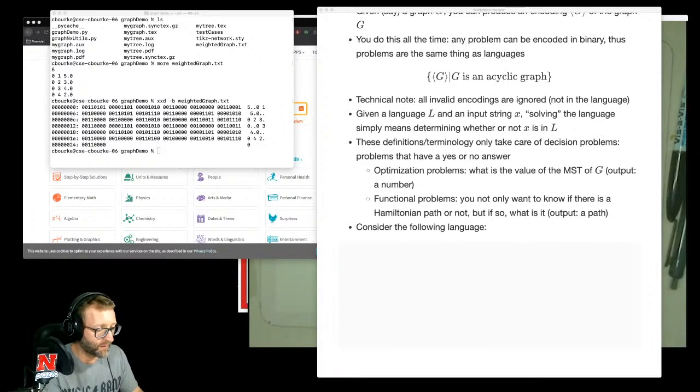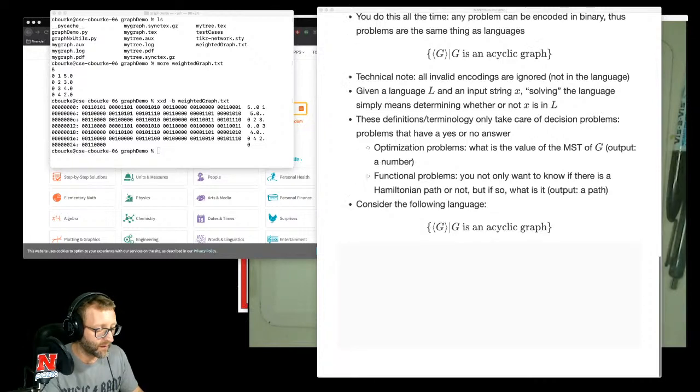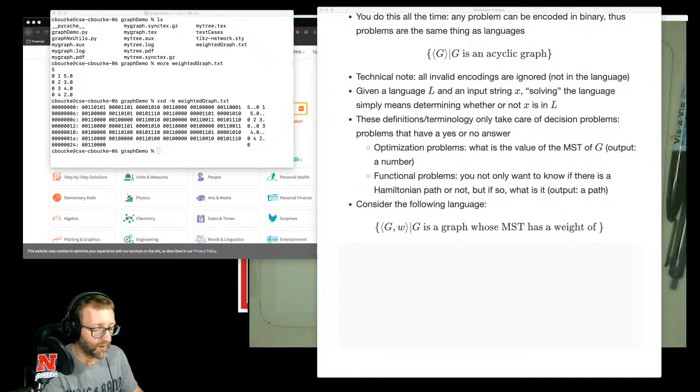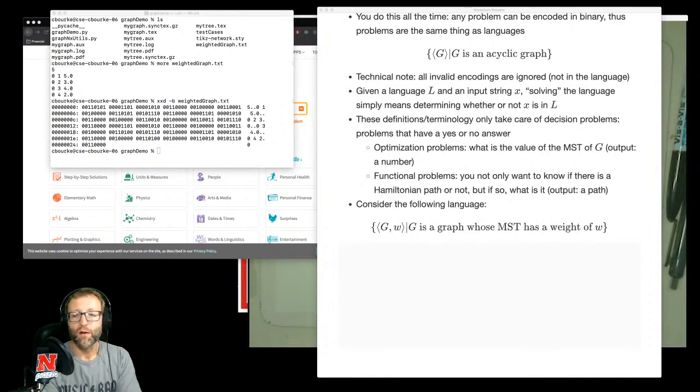I'm going to encode a graph, and I'm going to encode a value w. The condition on this language will be that G is a graph whose minimum spanning tree, MST, has a weight of w.